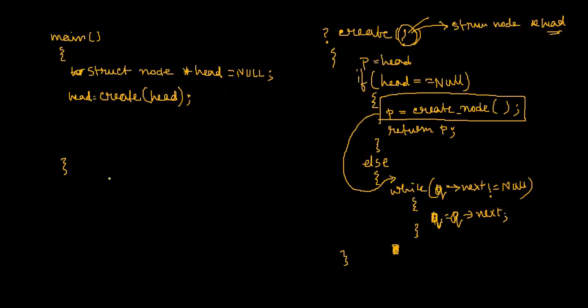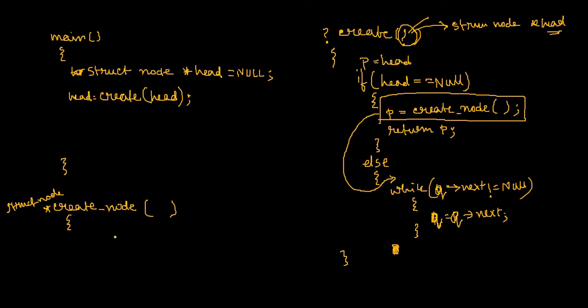So when you write the create node function, say create underscore node, obviously you have to write some struct node pointer. This part is common, what we have seen in the case of a singly linked list.